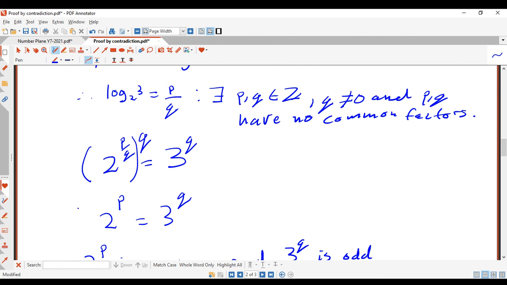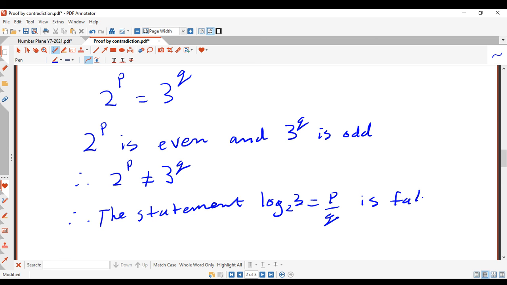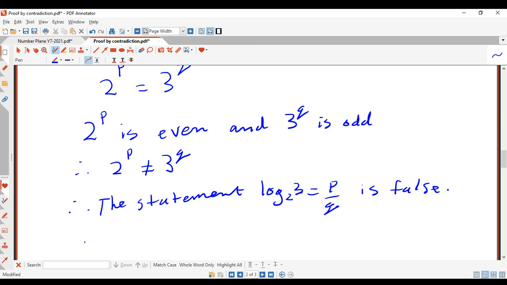So therefore the statement log 2 of 3 equal to P over Q is false, or log of 3 in base 2 is rational is false. Therefore, log 3 is irrational.